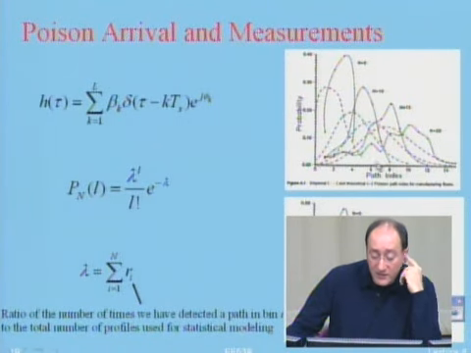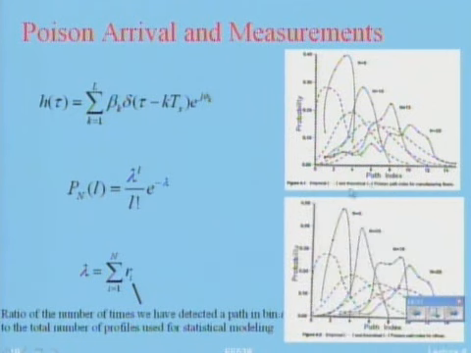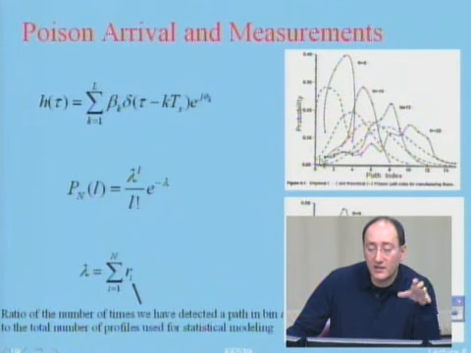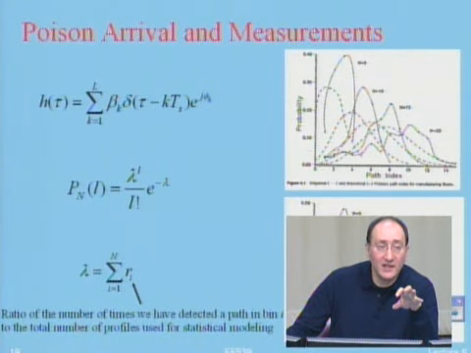These are the measurements which were done with Ganesh, one of my students, one of the early ones in indoor areas, which are trying to fit the arrival of the paths to basic Poisson. So what he does is he takes a bunch of channel impulse responses, he detects the arrival of the paths, and then he divides them in bins, for example 5 nanosecond bins.